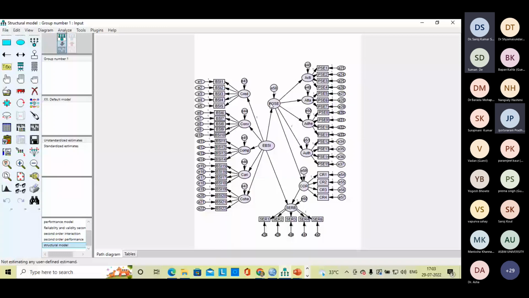In buyer-seller interaction also, there are 5 latent variables tested by CFA, leading to another construct called effectiveness of buyer-seller interaction, which is again a second order CFA. So 2 second order CFAs have been measured here.